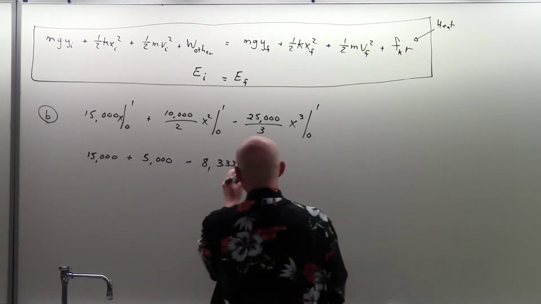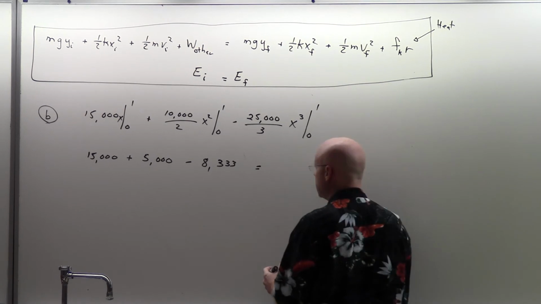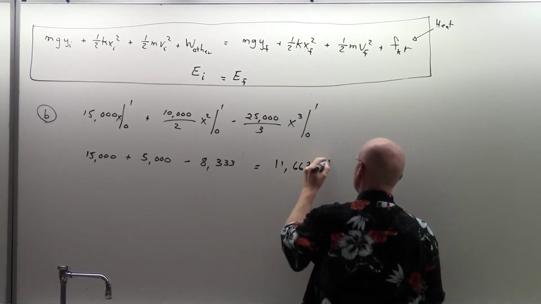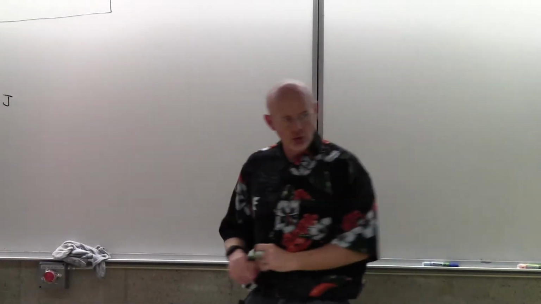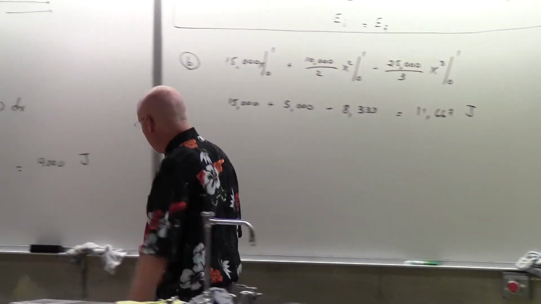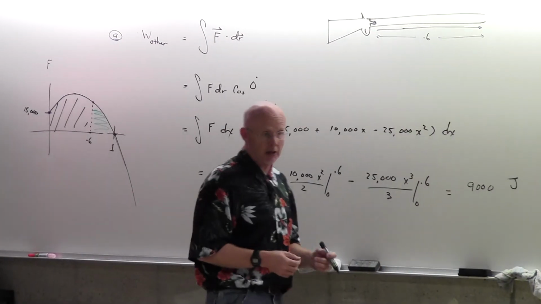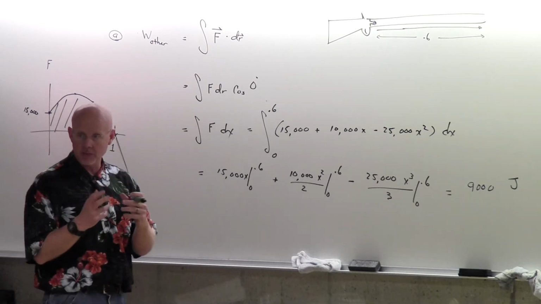And so if I take the 20 and subtract, well, 8 is 12, so I'll do a little more than that. I should get 11,667 joules of energy. And so, of course, as we expect, it is more. Perhaps not that much more, but it is more.